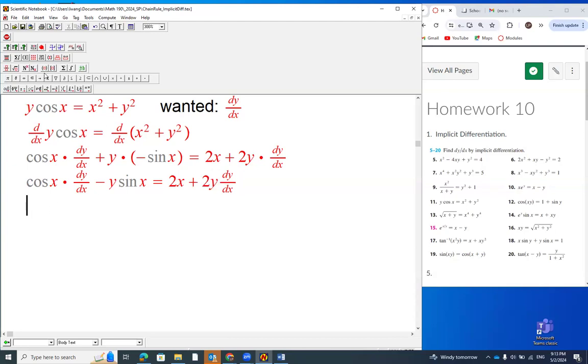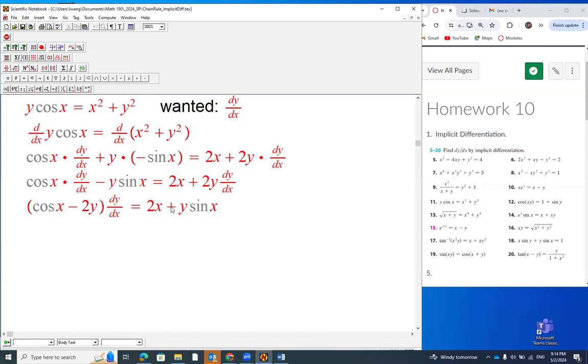So we're going to end up with cosine x subtracting 2y, inside parentheses, dy/dx equals, on the right-hand side, 2x, and we're adding this piece on both sides, so we get y times sine x.